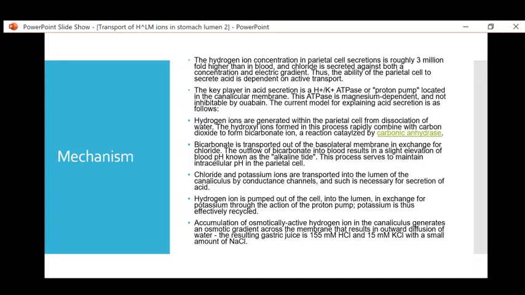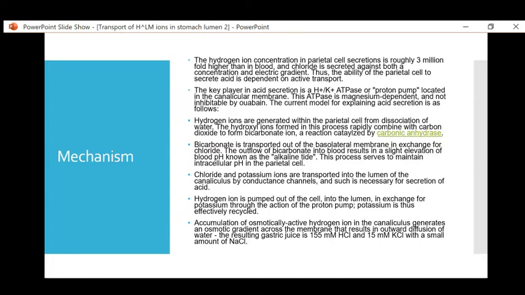The current model for explaining acid secretion is as follows. The hydrogen ions are generated within the parietal cell from dissociation of water. The hydroxyl ions formed in this process rapidly combine with carbon dioxide to form bicarbonate ion. This whole reaction is catalyzed by carbonic anhydrase.